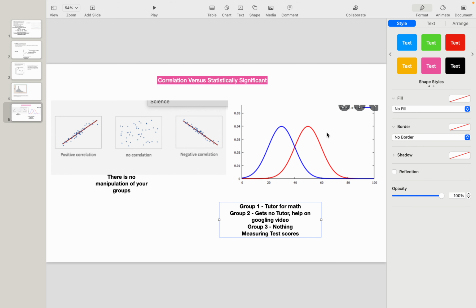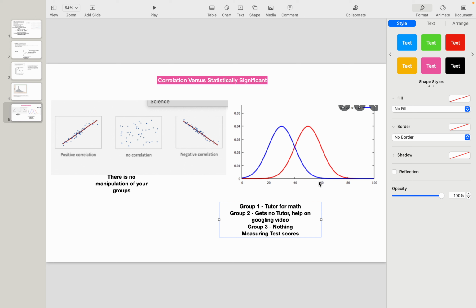I would draw another curve up here, and I would see that the test scores were higher for the group getting the tutor. Let's say the middle was the group I taught to Google, and the bottom was nothing. These are their test scores down here, and this shows the distribution of those different groups.